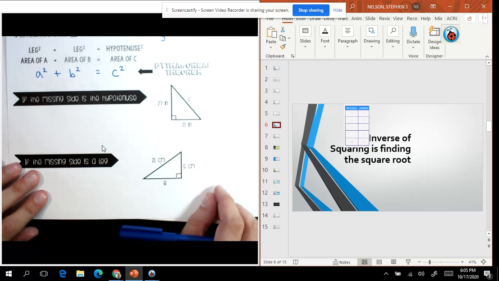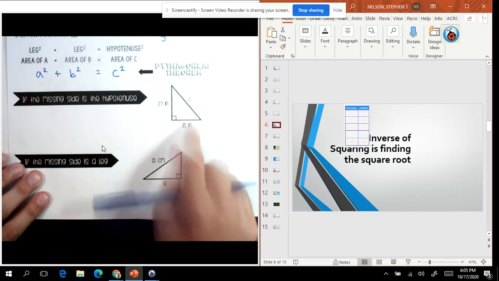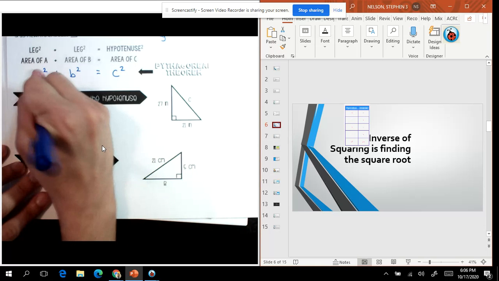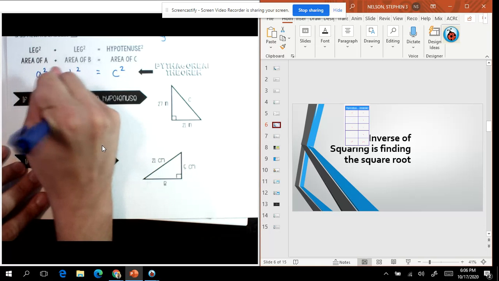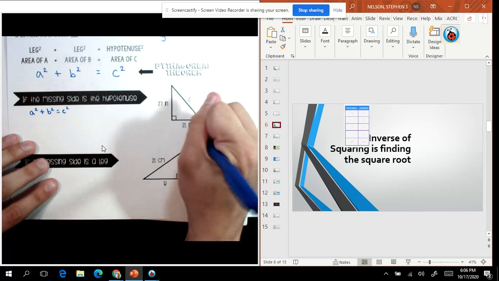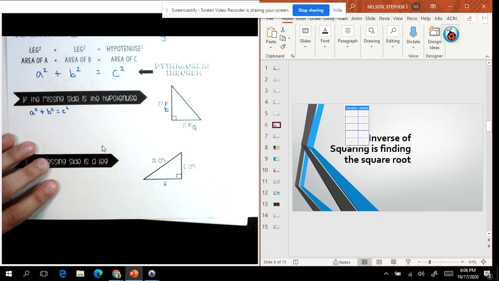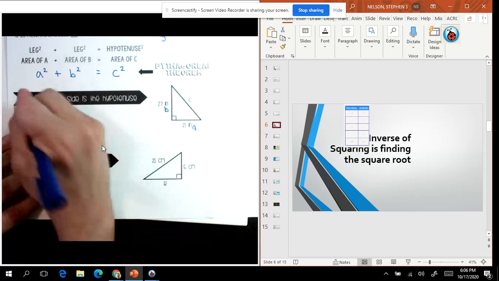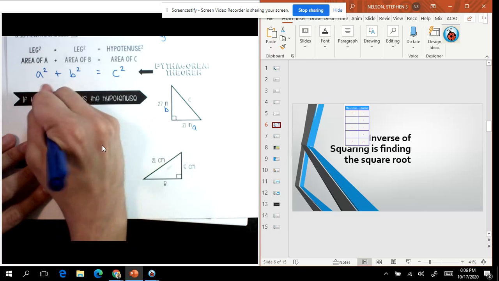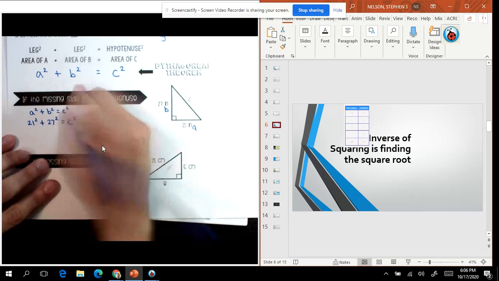All right, this says if the missing side is the hypotenuse, remember our first step is to write down our equation, A squared plus B squared equals C squared. Identify your A, B, and C. I'm going to say this one's A, this one's B. Again, it doesn't matter which one. So we get 21 squared plus 27 squared is equal to C squared.